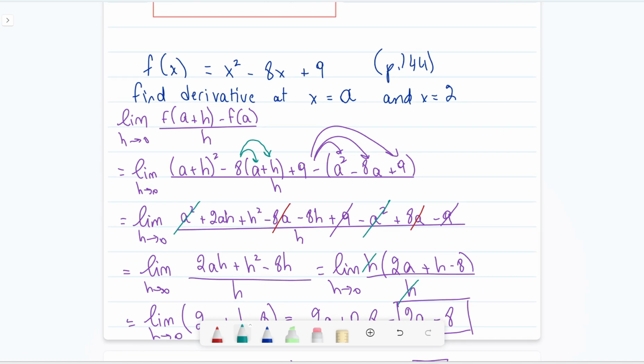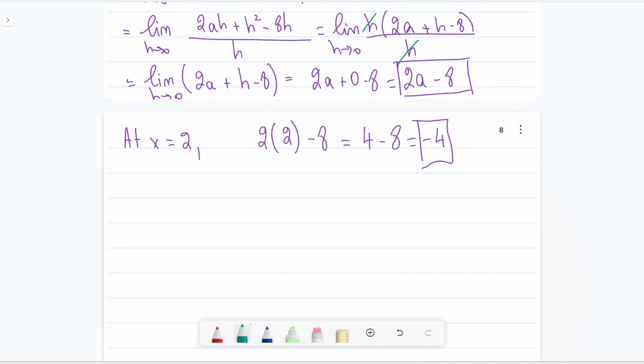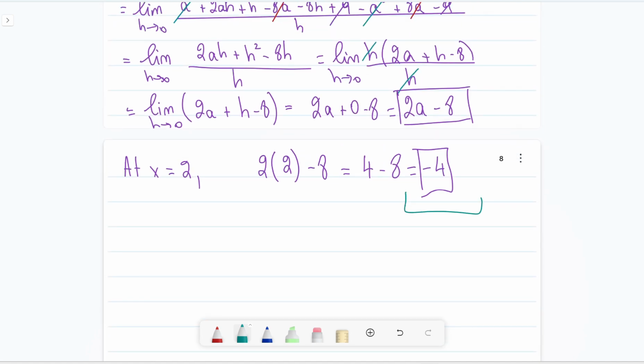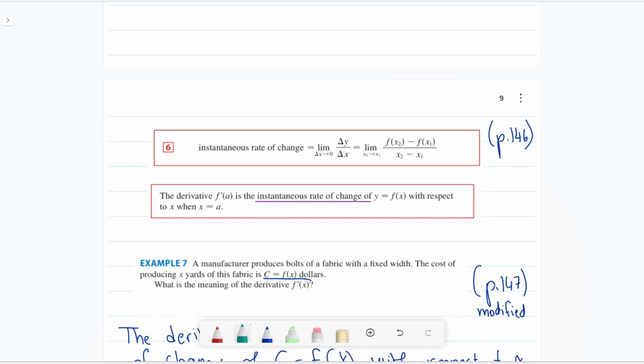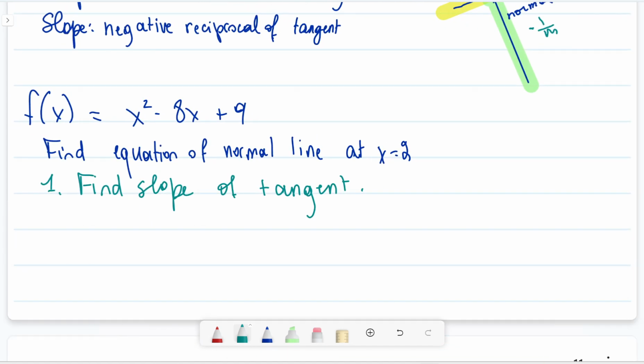So in fact, here it is. We found the slope of the tangent line at x equals 2 to be -4. So the slope of the tangent is -4.